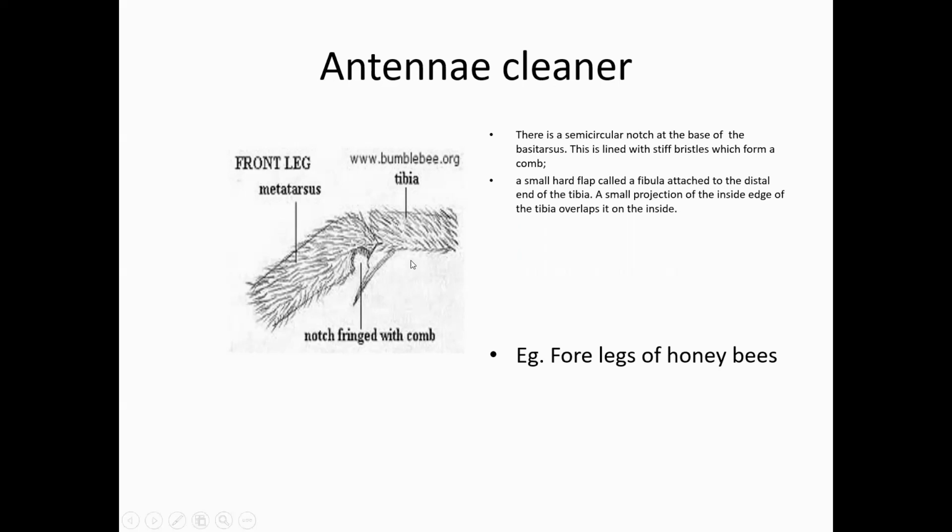And at the tip of the tibia there is a structure which is projecting over this notch-like structure, and this notch at the base tarsus is lined with stiff hairs. Inside it is comb-like.